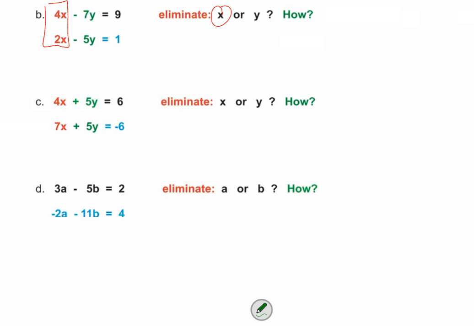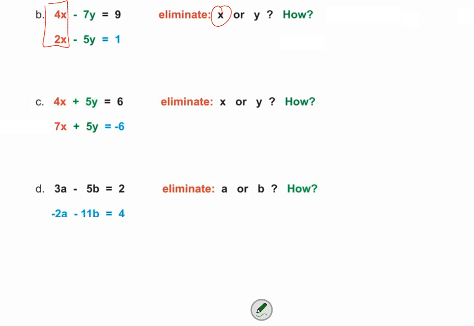Is it easy to make a 4x into a negative 2x? Is that easy? It's not. Can you make a 2x into a negative 4x? By doing what to it? Coefficient. Let's think multiplication.